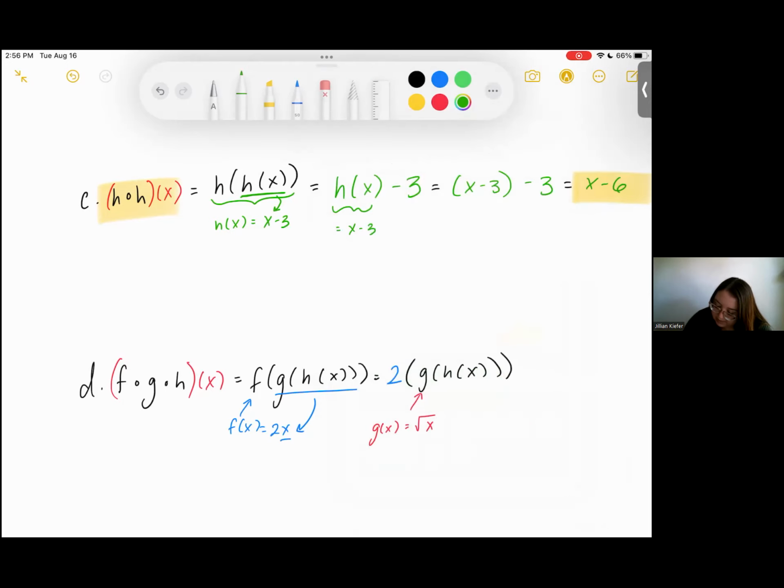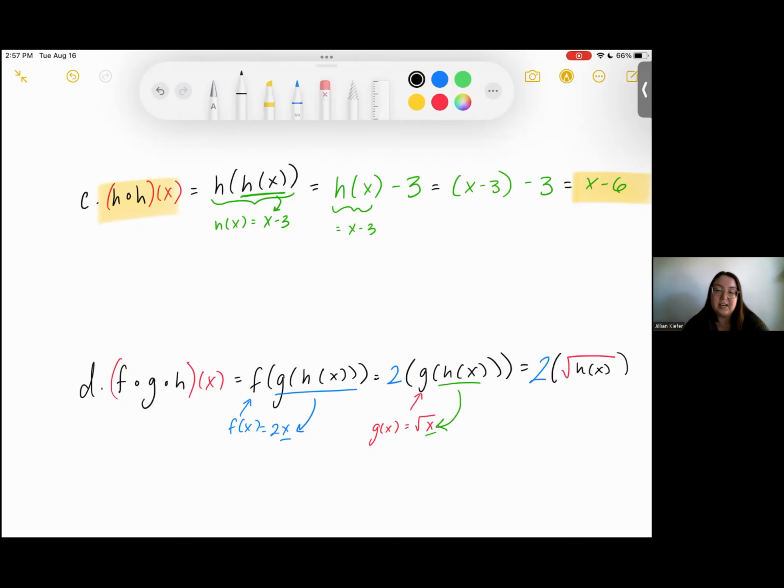But what we have here is that h of x is on the inside of g. So h of x is going to go in place of x. So we still have that 2 on the outside. So we have now 2 times the square root of h of x.